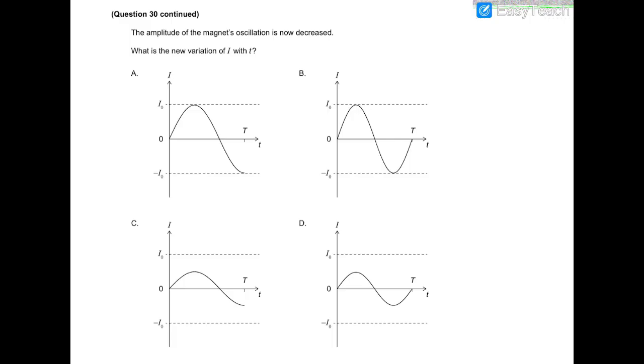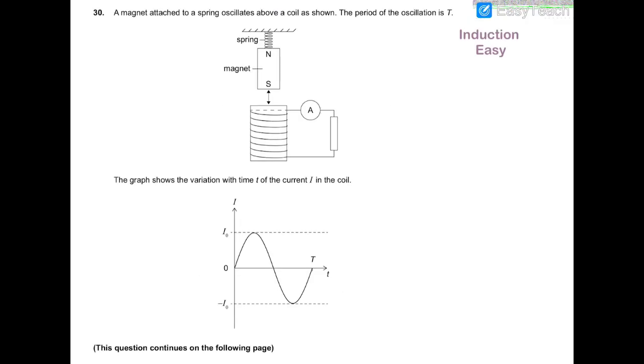See, first of all, we know that on decreasing the amplitude, amplitude is the maximum displacement of the magnet from the mean position. Okay, and the EMF is minus d phi by dt.